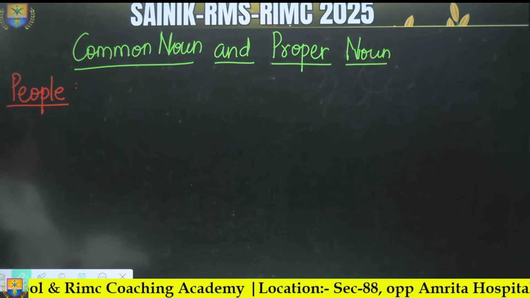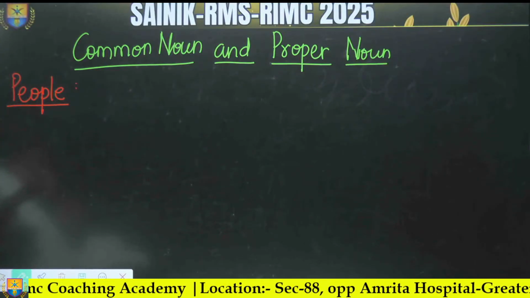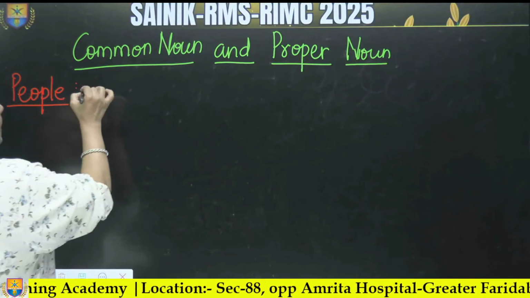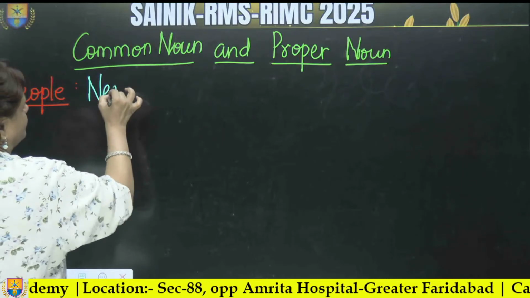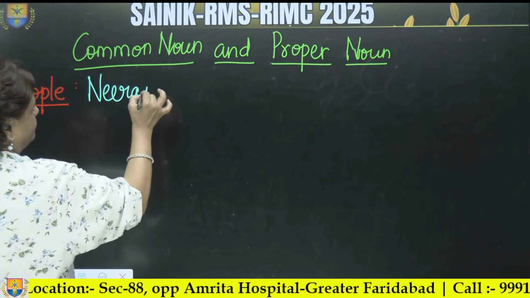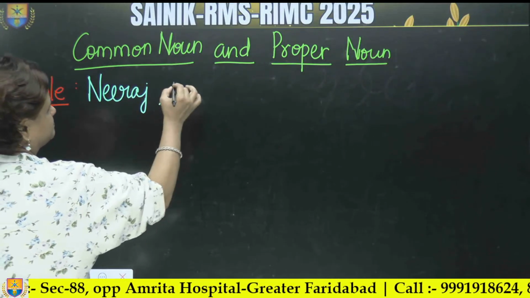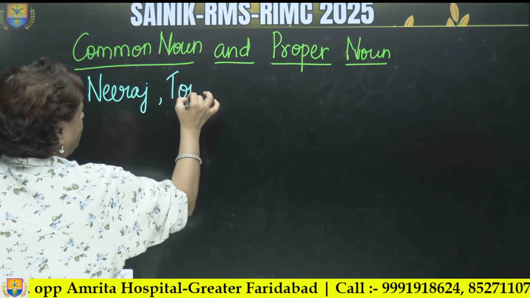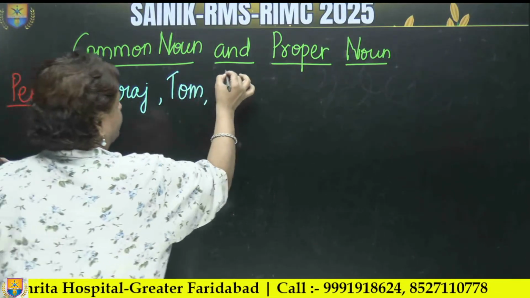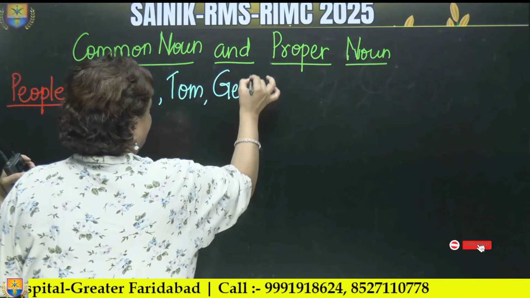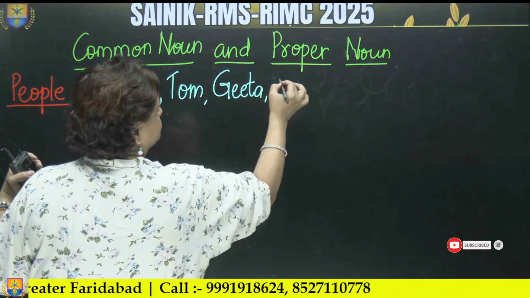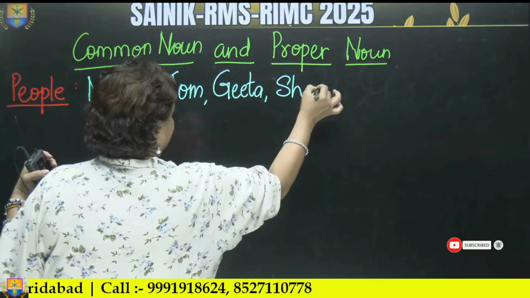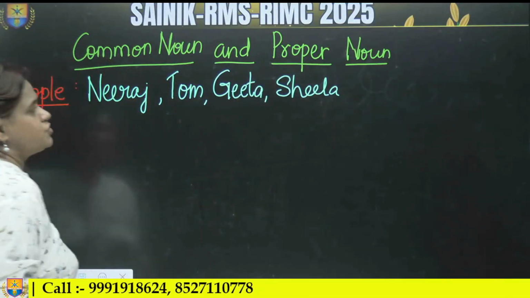Their names XYZ. So the first one we can just say as Neeraj, Tom, Geeta, Sheila.